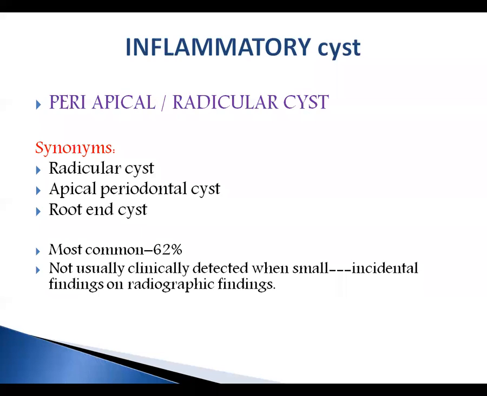Next is the inflammatory cyst. So we completed the odontogenic cysts. Now the inflammatory cyst, or periapical or radicular cyst. Synonyms for the radicular cyst: apical periodontal cyst, root end cyst.